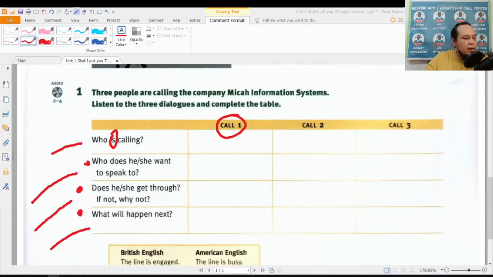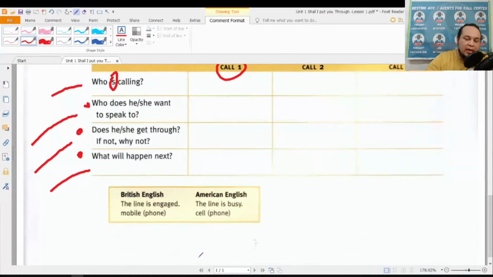Anyway, last but not least, everybody, just pay attention to the following thing. Whenever in the call center industry, sometimes you are going to be assisting customers from different parts of the world, not only the United States, okay? If you are speaking to a person from England, they say that the line is engaged, right?